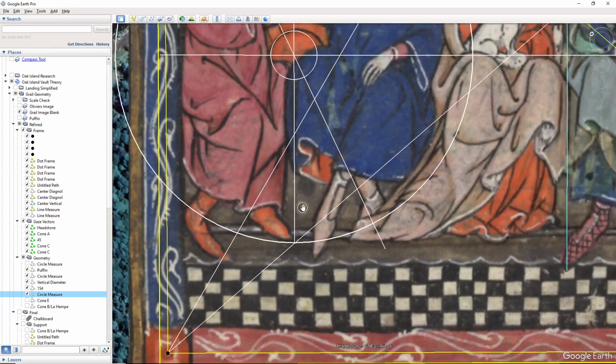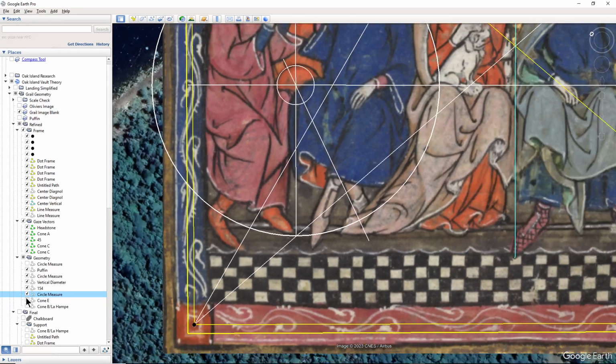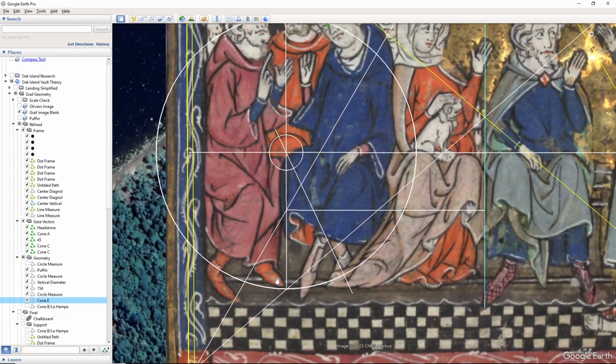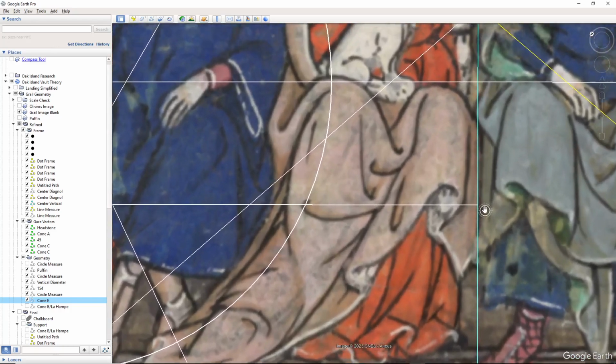So this point becomes a point of interest. Now, the next thing we do is we take this diagonal and where it intersects this vertical line, we go horizontal to the vertical axis. Now, this point becomes a point of interest.